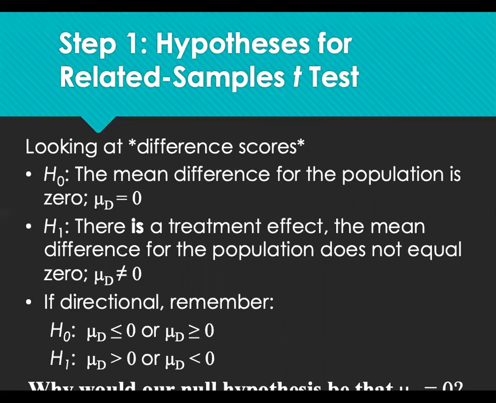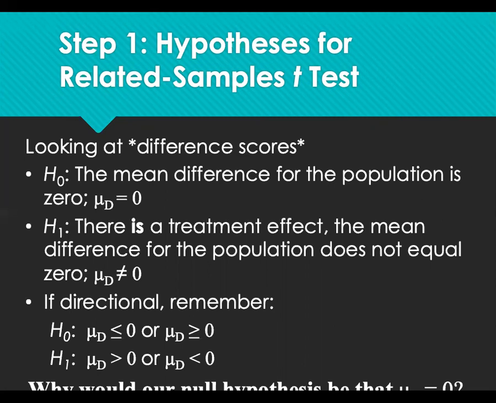So again, we would take every individual in the population, measure the number of headaches before and after, take the difference in those two numbers, and the alternative hypothesis would say there is going to be a difference, right? There will be some kind of treatment effect.